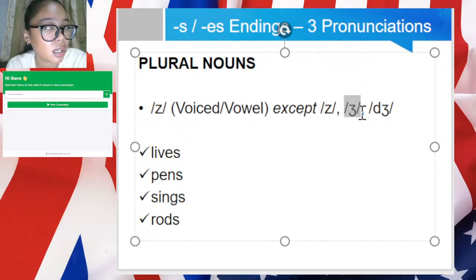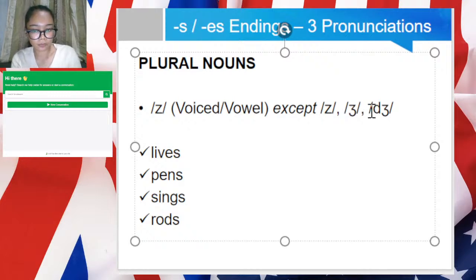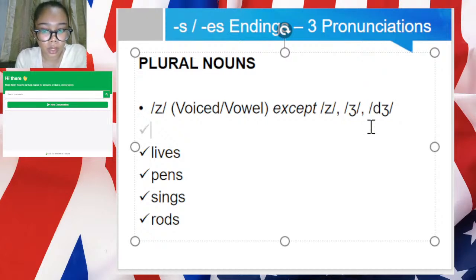Well, the third one, this one, is pronounced as the letter J, like June, January, something like that. That's how you transcribe the particular sound of J based on the IPA transcription.